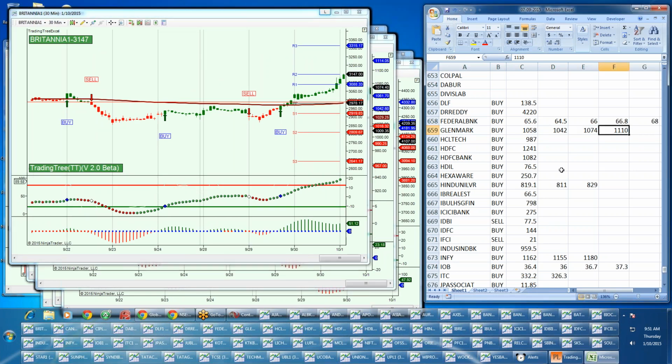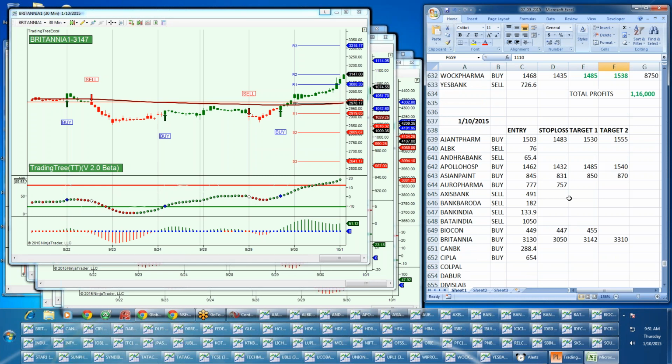So Britannia, your first level is done. 3147. Now just keep trailing 30. You can change the stop loss to 3088.